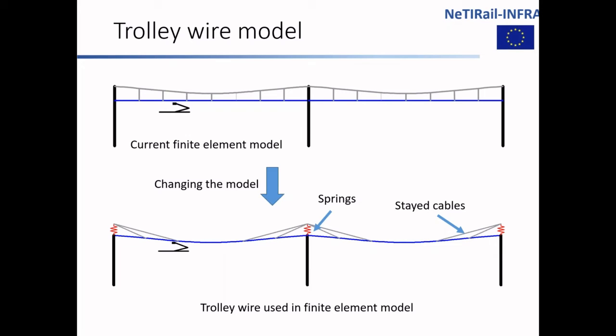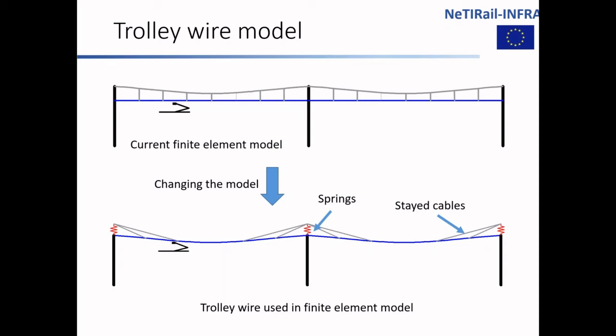With the finite element model, we initially started looking at controllable factors such as wire tension, trying to understand the impact of reducing tension, what that has on the dynamics of the contact wire. And then we looked at using a trolley wire model, trying to develop a much simpler overhead line system.